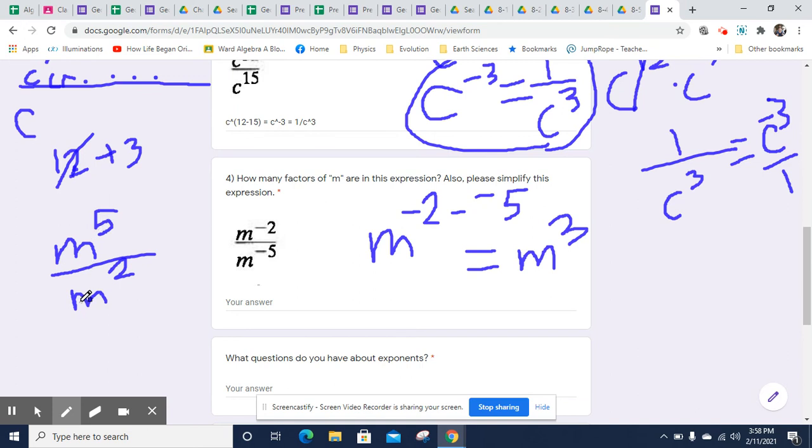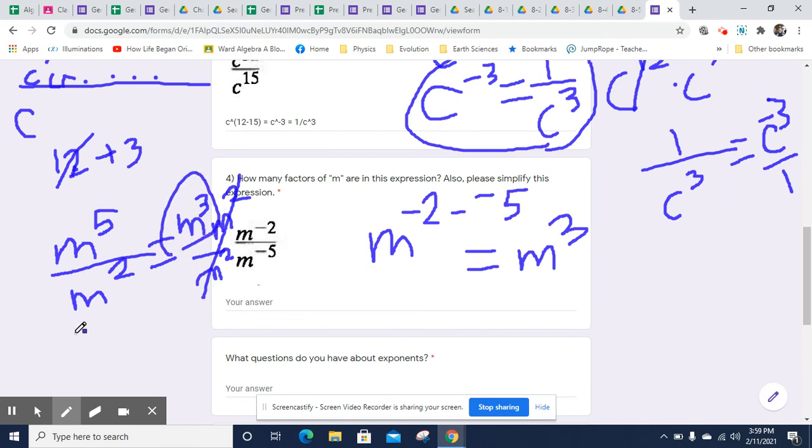We're going to have 2 factors of m down here and 5 up here. I'll be left with 3 once things get cleaned out. Because m to the fifth is m to the third times m to the second, and that's all over m to the second. And these will cancel out, leaving me with m to the third.